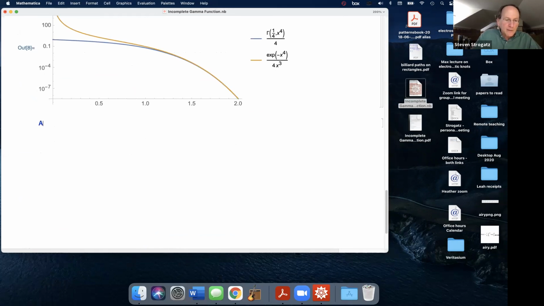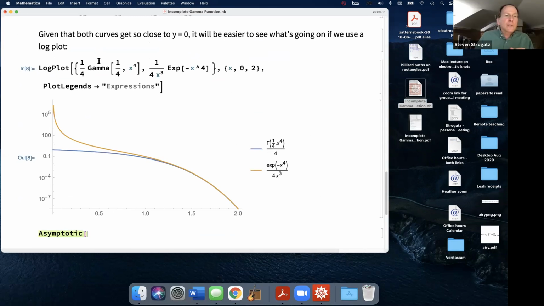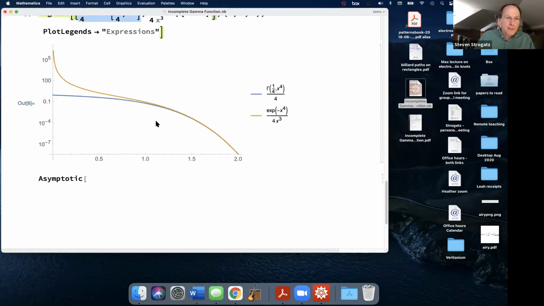Let me try typing in asymptotic, hey, look at that. Asymptotic of, and I'll type in this expression. I have no idea what this is. It's my first time ever using it. Asymptotic, how do I use it? Let me learn something by looking at the information.